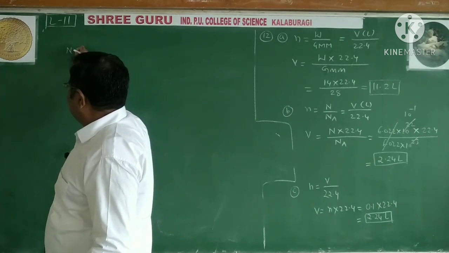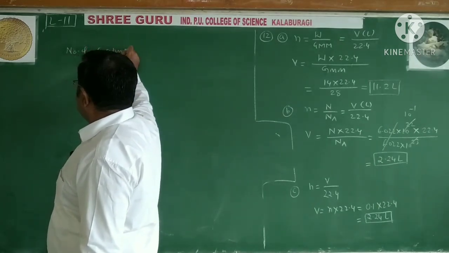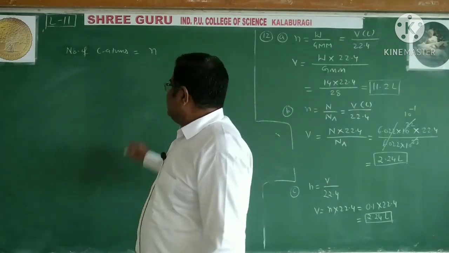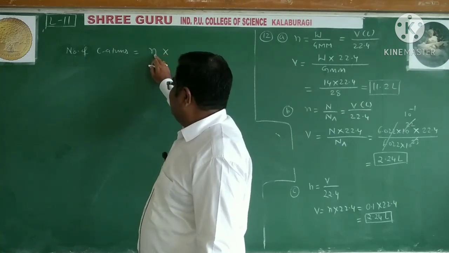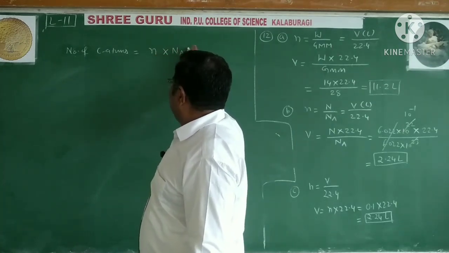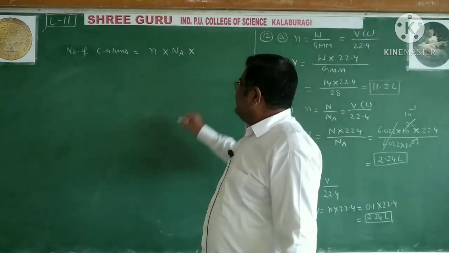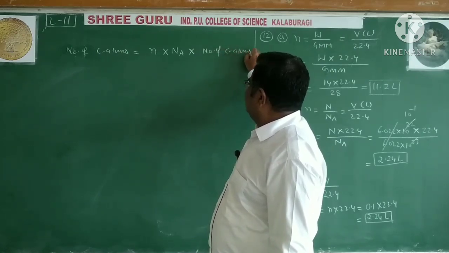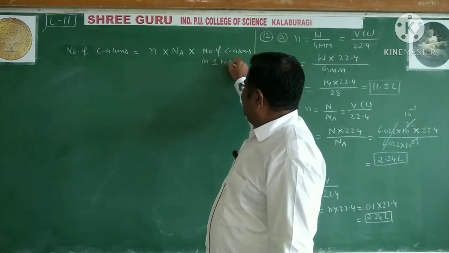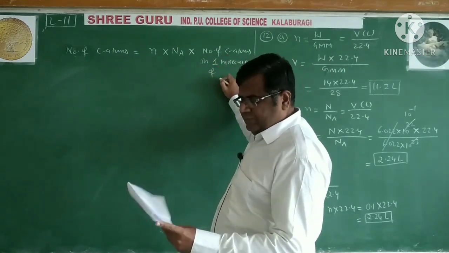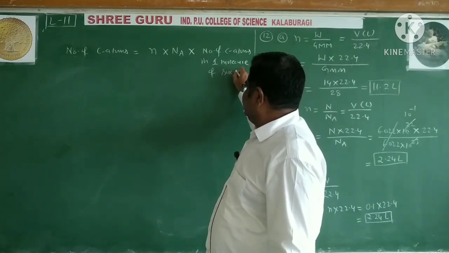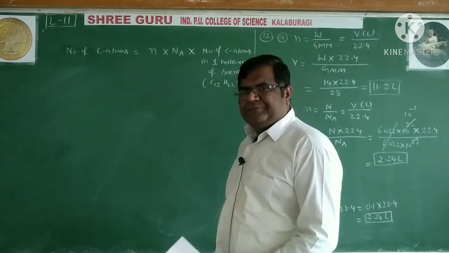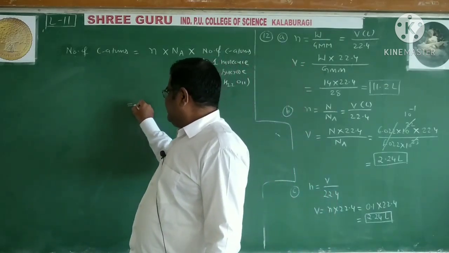The number of carbon atoms is equal to, first we'll see the number of molecules, number of moles into Avogadro number, and then we write here the number of carbon atoms in one molecule of sucrose, which is C12H22O11, table sugar we call it.